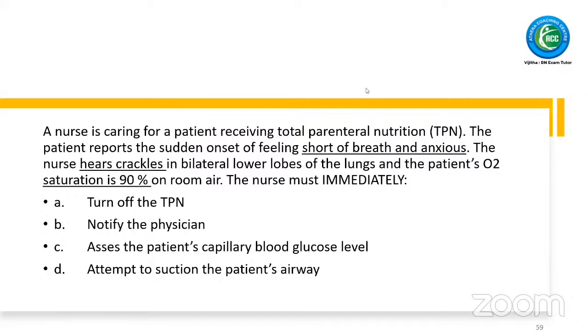So this is indicating circulatory overload or pulmonary edema, and you have to work on that immediately. So what can be the answer? Turn off TPN, notify the physician, assess the patient's capillary glucose level, attempt to suction the patient's airway.